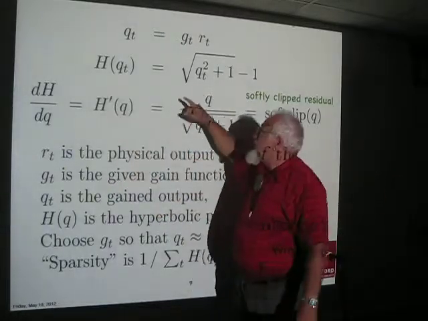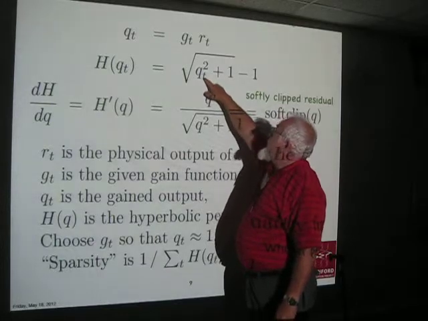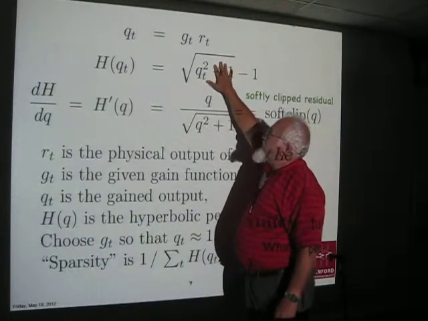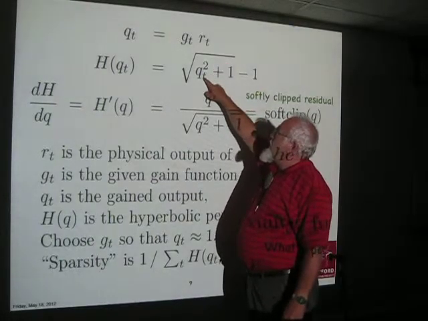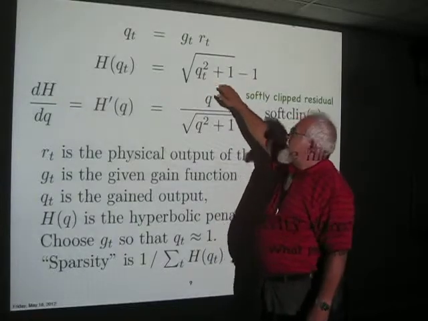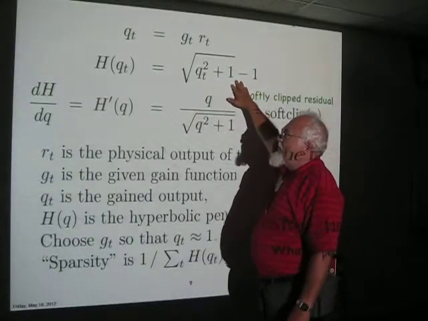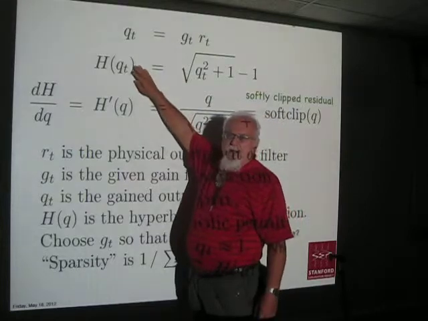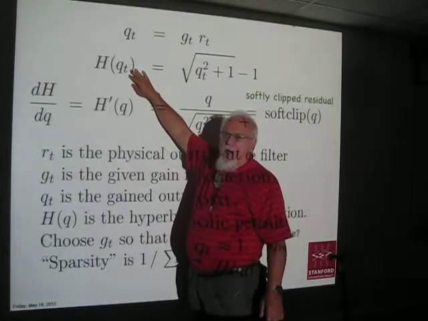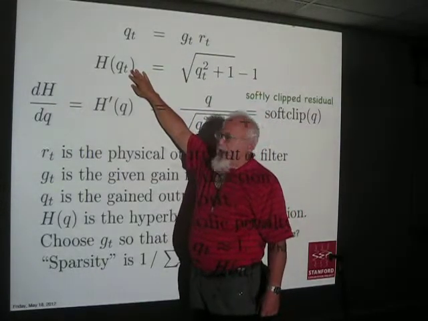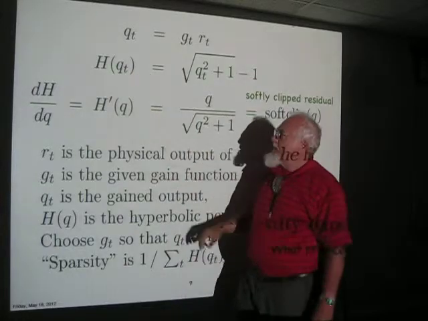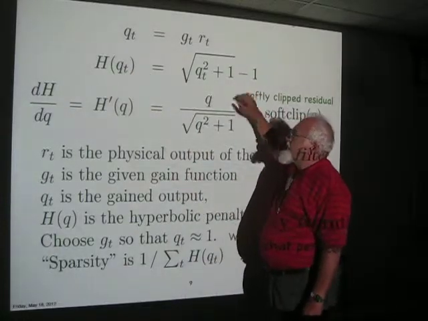When Q gets really large, this behaves like the absolute value of Q, and when Q gets really small, it becomes quadratic in Q. So we call it the hyperbolic penalty function. Other people call it hybrid, but we're just going to call it hyperbolic because it's more specific.